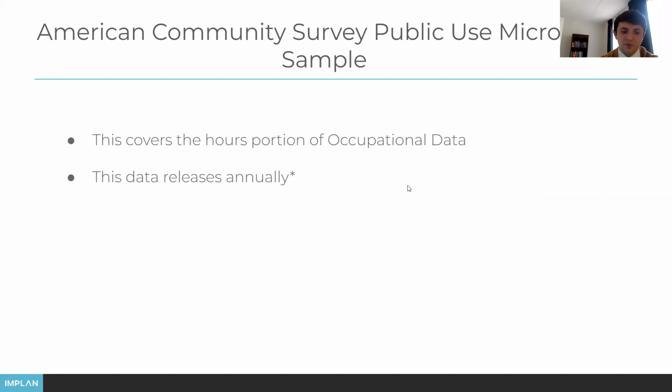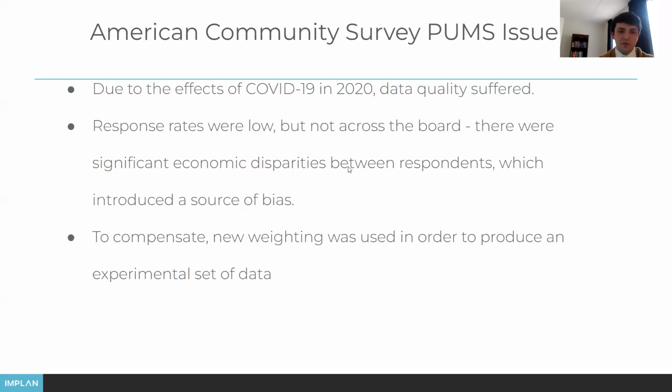There is a specific caveat regarding this for 2020, but basically this data is used just to cover the hours portion of occupation data. So with this data in 2020, data quality suffered greatly because of response rates. And this is largely due to the effect of the COVID-19 pandemic.